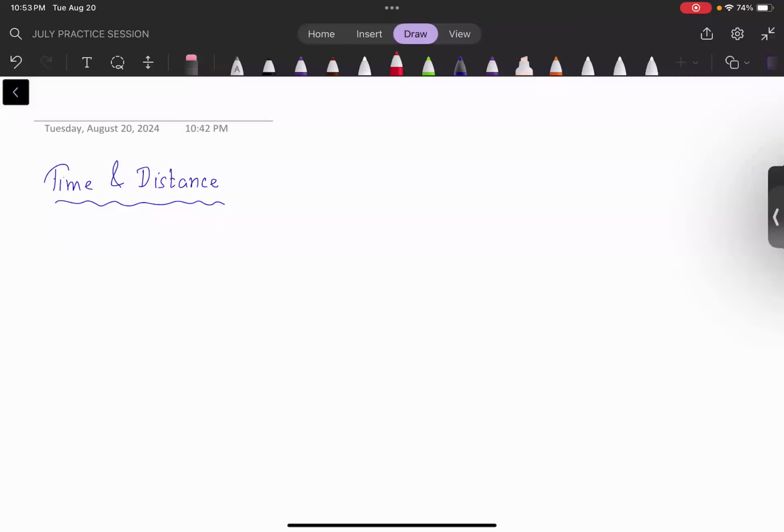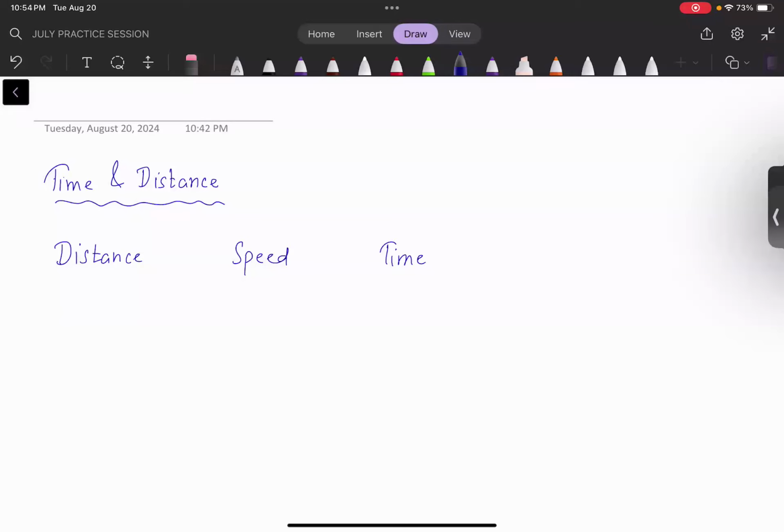So now we are starting with time and distance. In time and distance, we have three terms: distance, speed, and time.